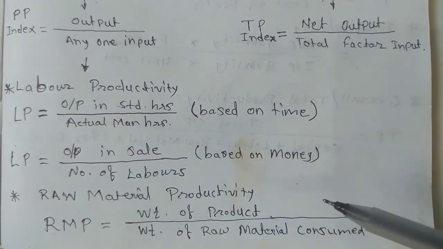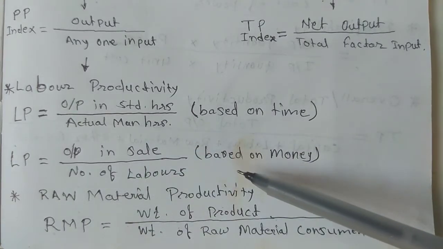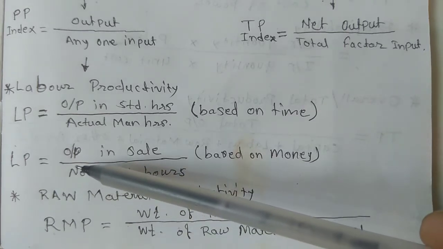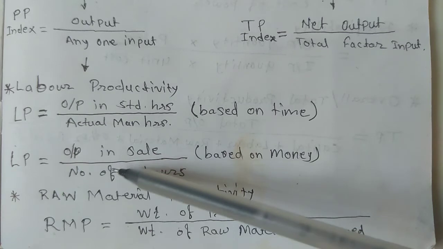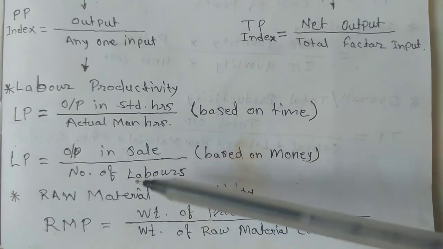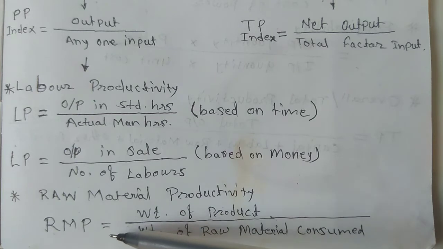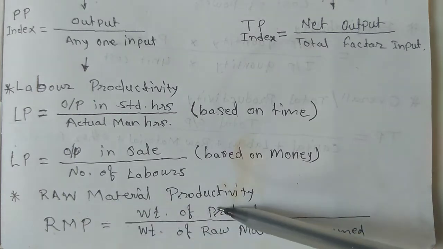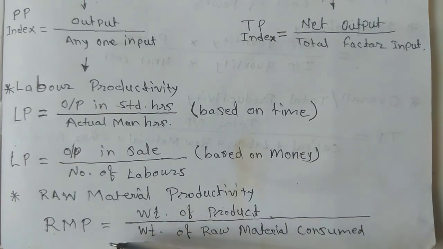Similarly, if you want to calculate it based on money, labor productivity is calculated as output in sales divided by number of labors. The second measure of partial productivity is raw material productivity, which is calculated as weight of the product divided by weight of raw material consumed.